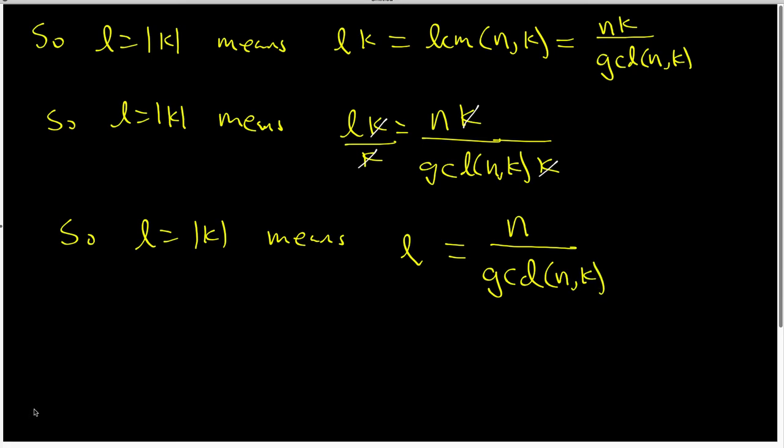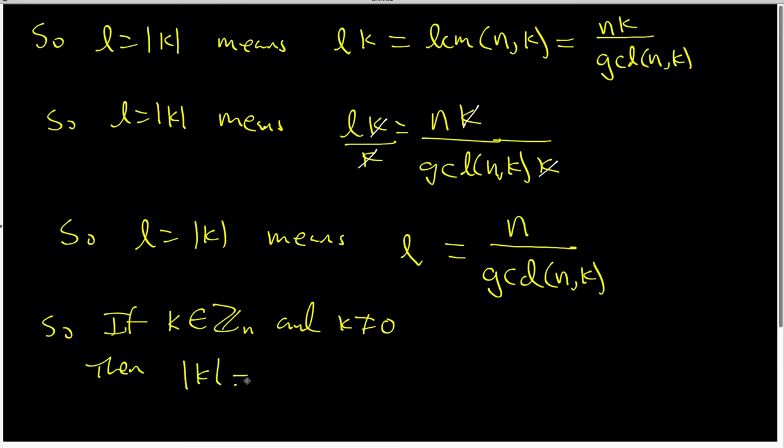And so no matter what k I pick, the order of k is going to be equal to this expression. So to state it more properly, if k is inside Zn and k is not 0, then the order of k is nothing more than n divided by the GCD of n and k.